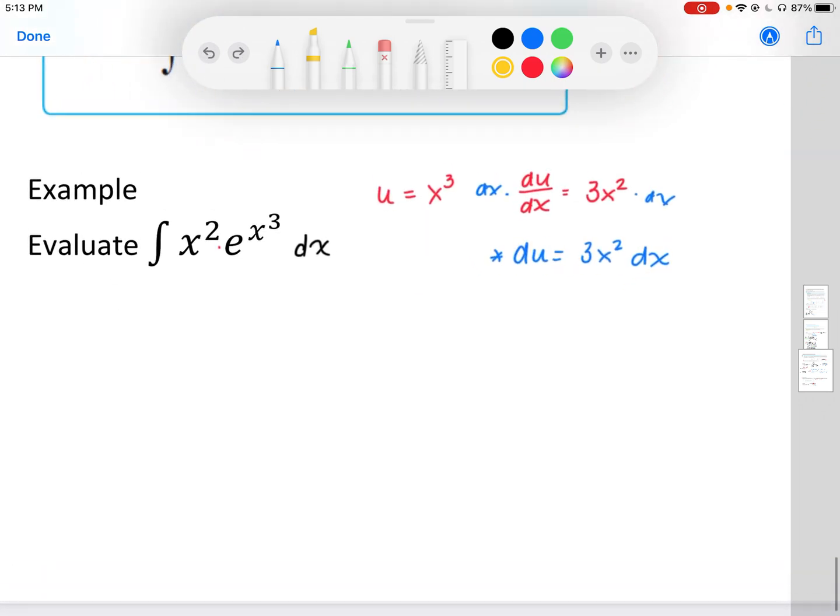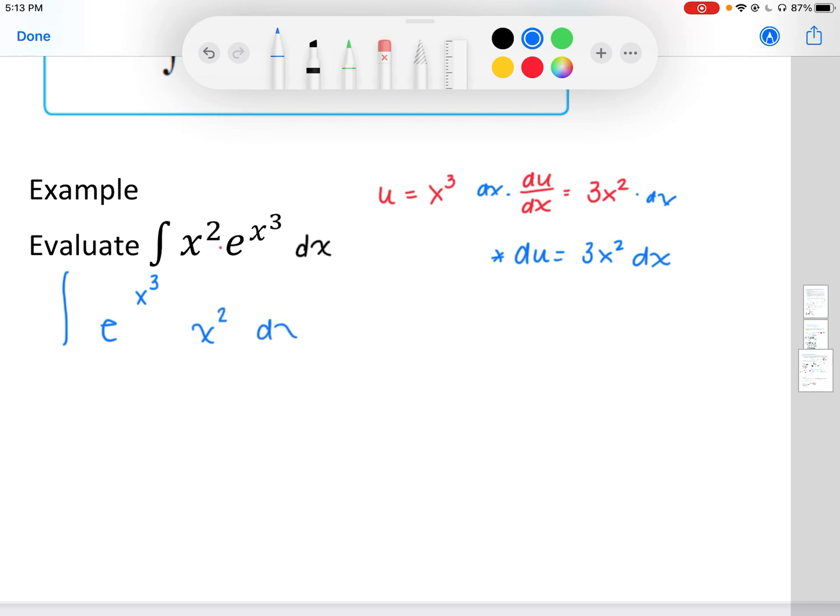All right. So that we have, I'm going to rewrite it, e raised to the x cubed times x squared dx. So we see here that we have the x squared dx, but we need to incorporate a 3.